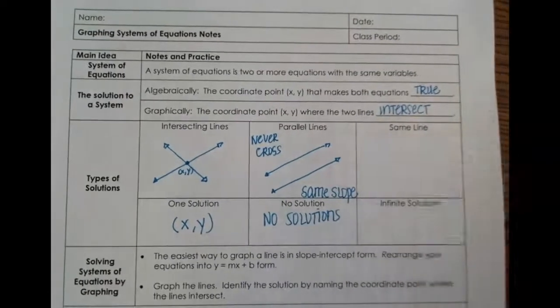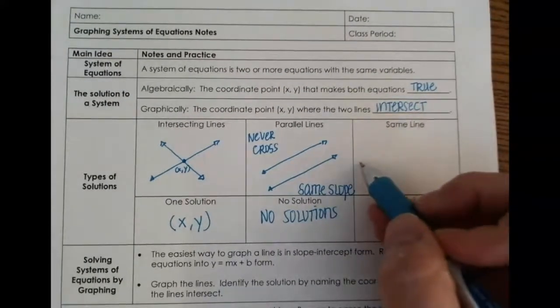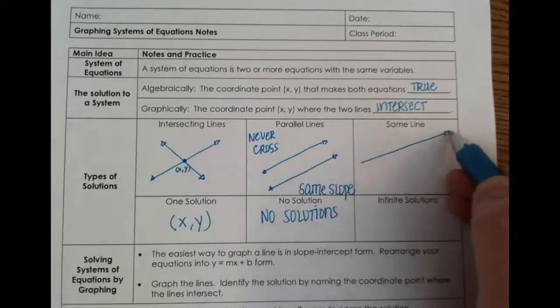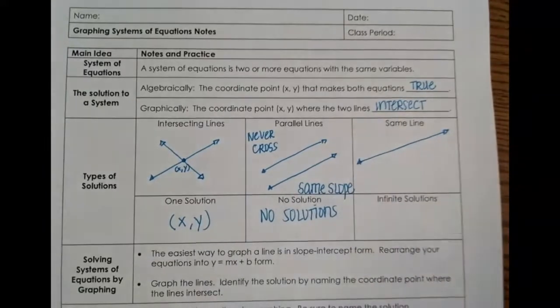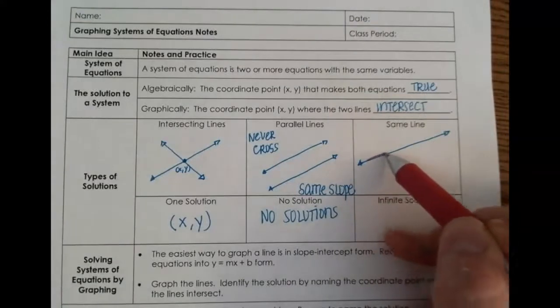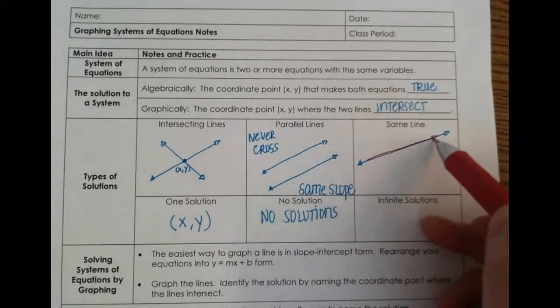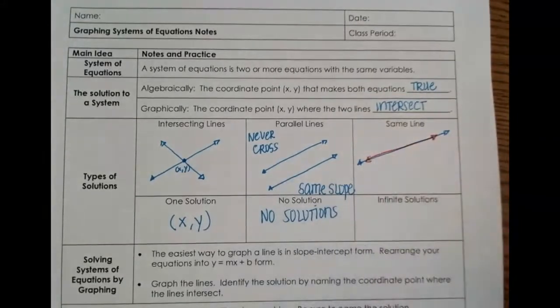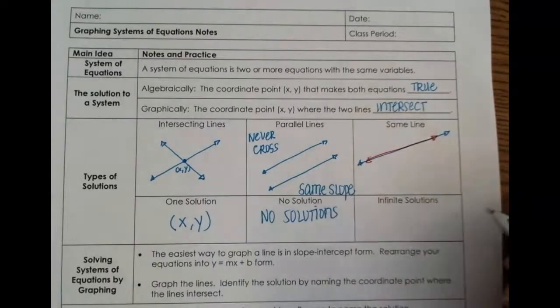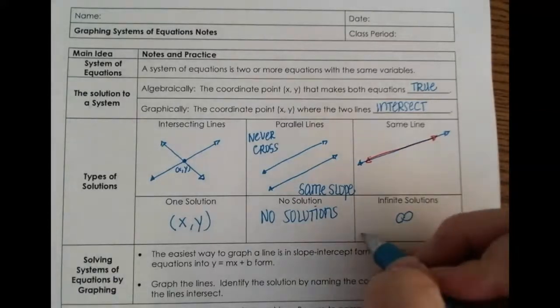Okay, then we have a situation that's a little more unique. It's when you have the same line, and what that really means is you have a line, and then you have another line that's the exact same line. Okay, so it's on top of each other. And that's going to have infinite solutions because they share all points.